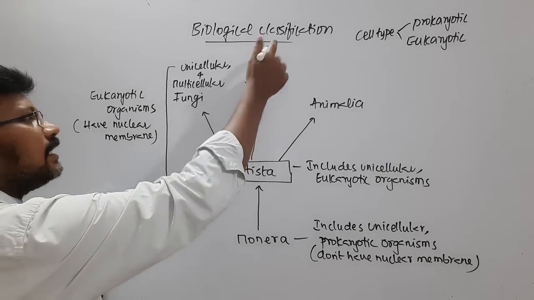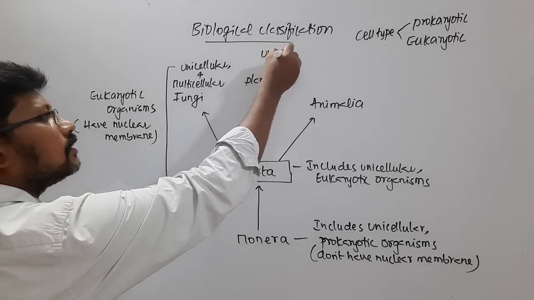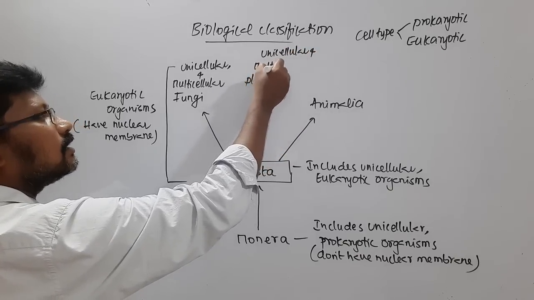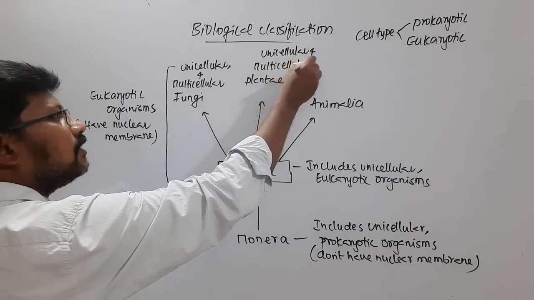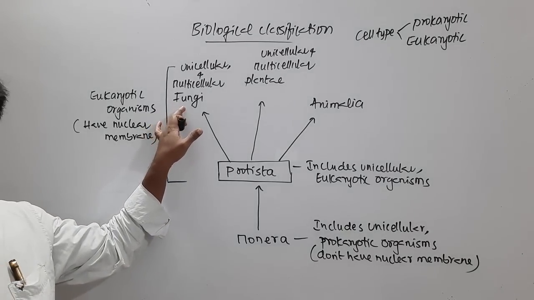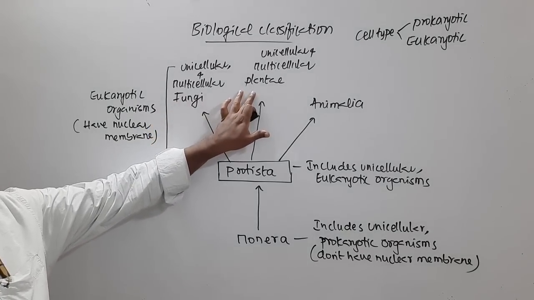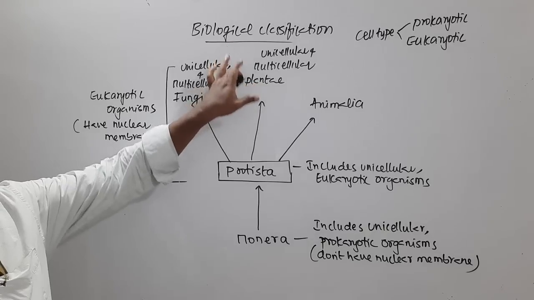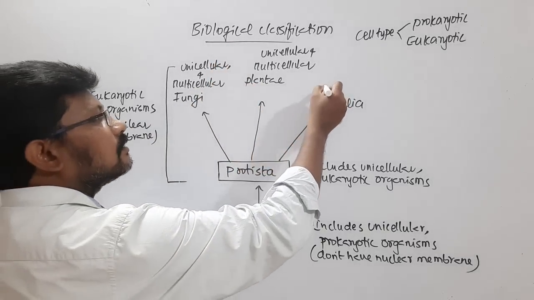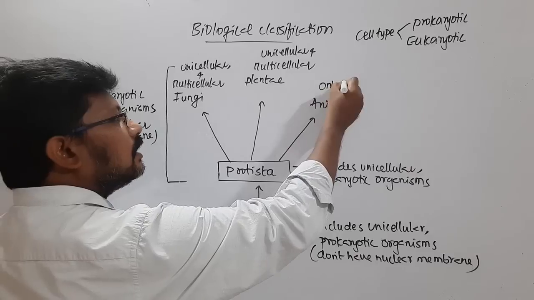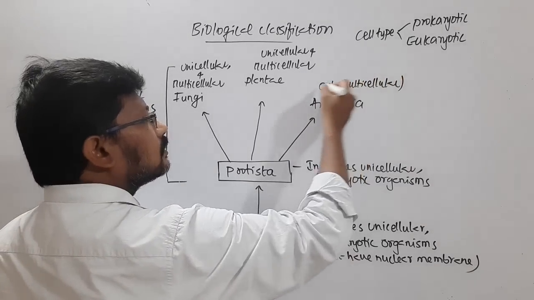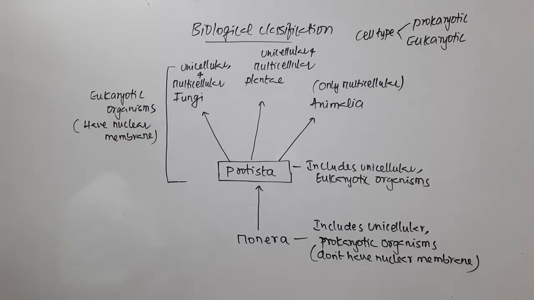Coming to Plantae, it also includes unicellular and multicellular, but very few are unicellular. In the case of Fungi, most of them are multicellular. Similarly in Plantae, very few are unicellular and most of them are multicellular. And coming to Animalia, we find only multicellular organisms.